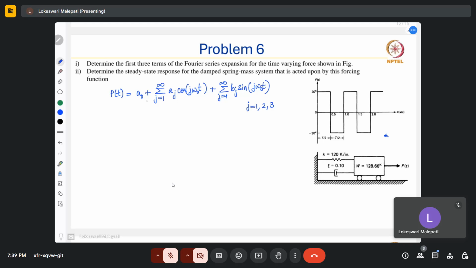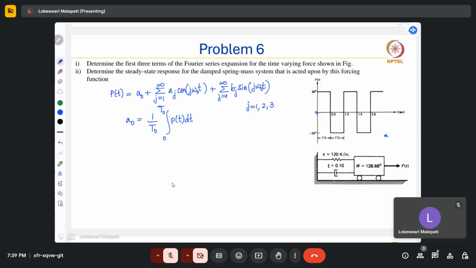So what is A naught? Let's write down the equation: 1 by T naught integral 0 to T naught P of t dt. What is this thing? This is nothing but the average of this periodic function for one time period. That means the average of this thing from here to here.